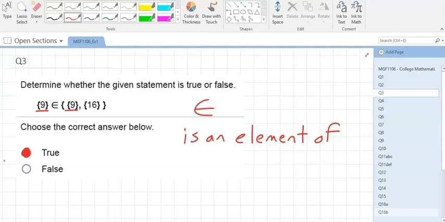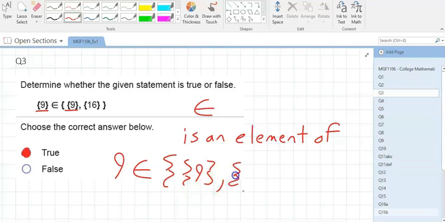Okay? Be careful, because if you had something like this, 9, an element of the set 9, and the set 16, this is where you would have a false answer. Because the element 9 is not an element in the set. This does not mean the same as that guy.